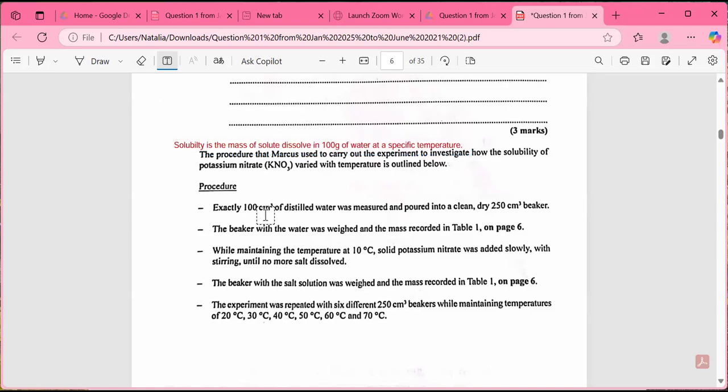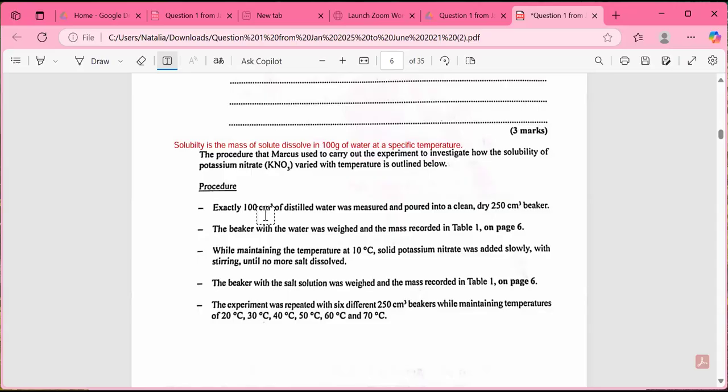Exactly 100 centimeters cube of distilled water was measured and poured into a clean, dry 250 centimeters cube beaker. The beaker with the water was weighed and the mass recorded. So we're recording the mass of the beaker and the water. While maintaining a temperature of 10 degrees Celsius, solid potassium nitrate was added slowly with stirring until no more dissolved.